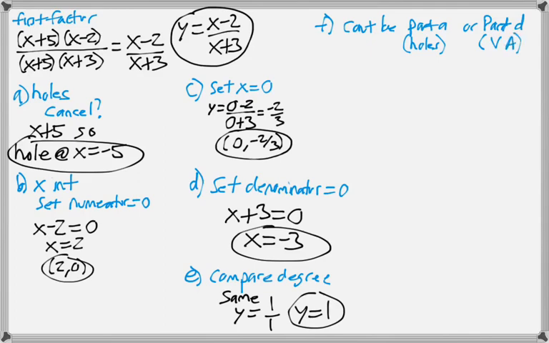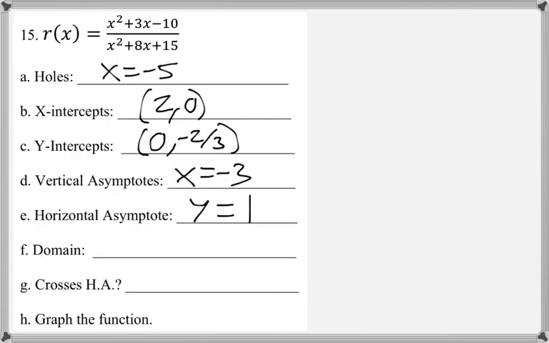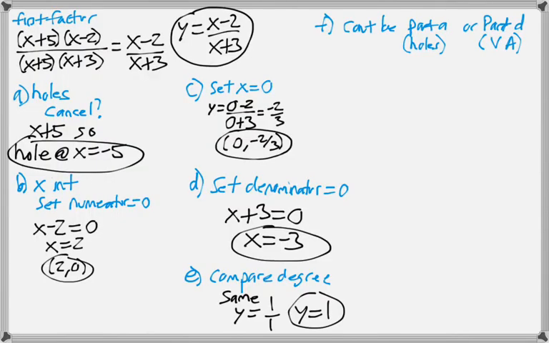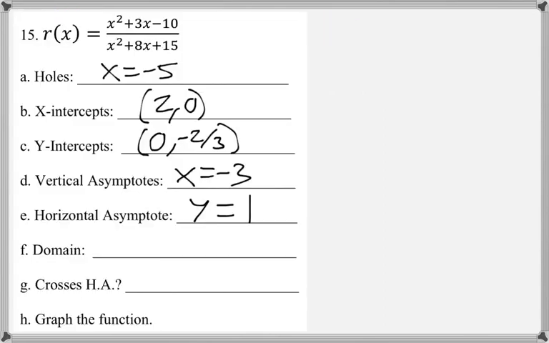So my domain, I want to give it in interval notation, and I want to exclude negative 5 and negative 3, because negative 5 and negative 3 are those values. So this is going to be negative infinity all the way up to negative 5. Start back at negative 5, go all the way to negative 3. Start back up at negative 3, go all the way to infinity. So that is going to be my domain.